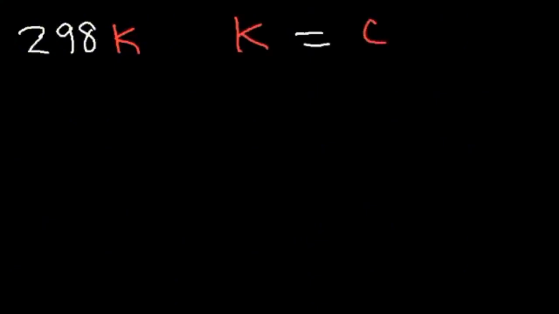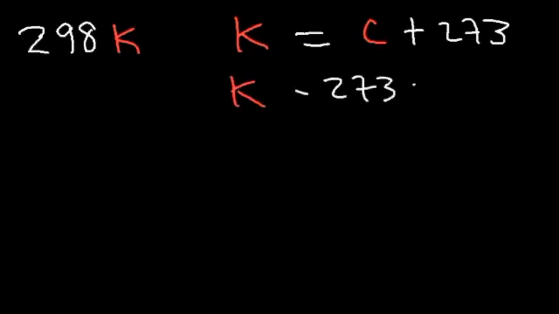Now let's work backwards. Let's say we have a temperature of 298 Kelvin. How can we convert it to Celsius and then convert the Celsius temperature back into Fahrenheit? So let's use the equation Kelvin is equal to Celsius plus 273. In this case, if you're solving for the Celsius temperature, it's Kelvin minus 273, and that's equal to the Celsius temperature.